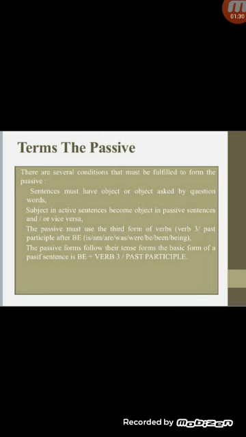The passive must use the third form of verbs. The passive form follows its tense form. The basic form of a passive sentence is be plus verb 3 or past participle.